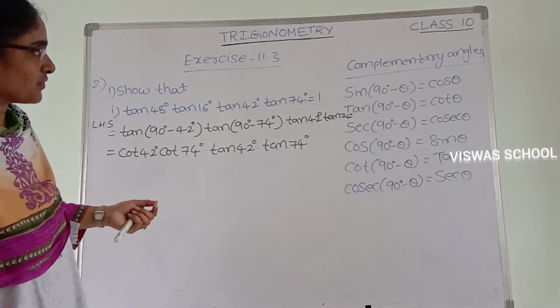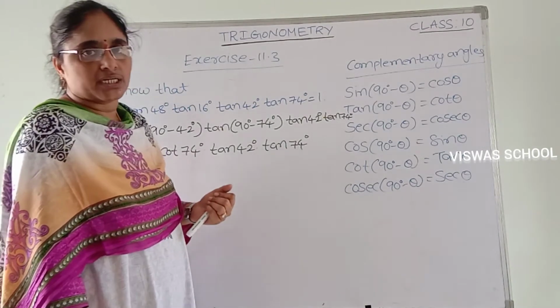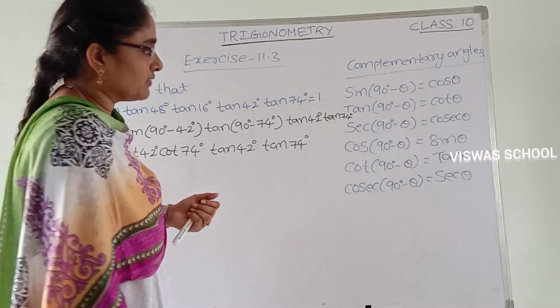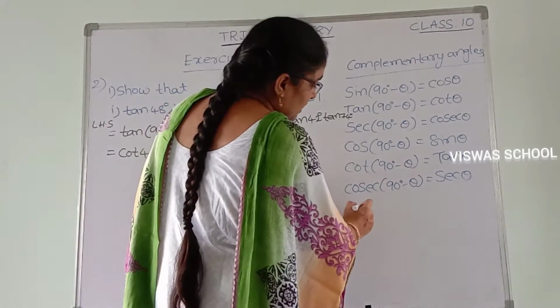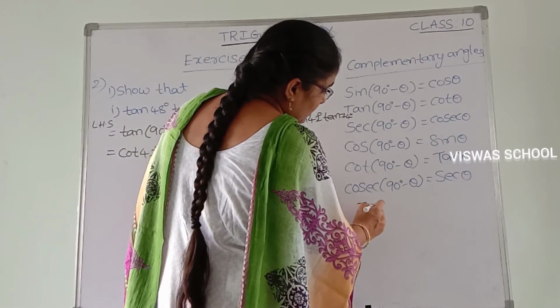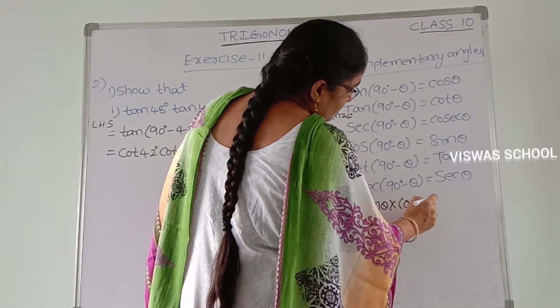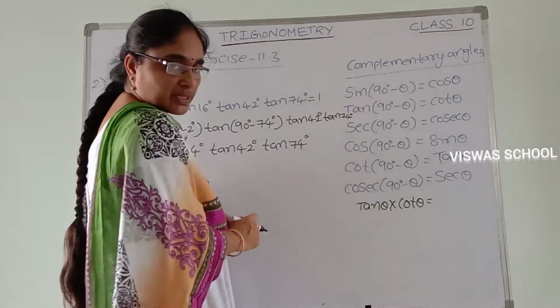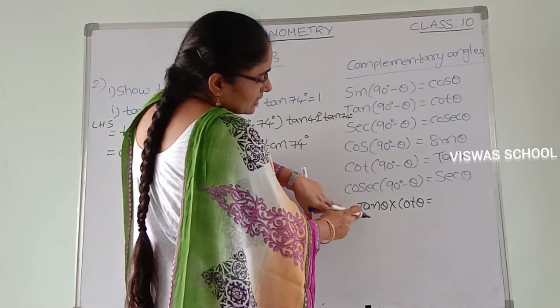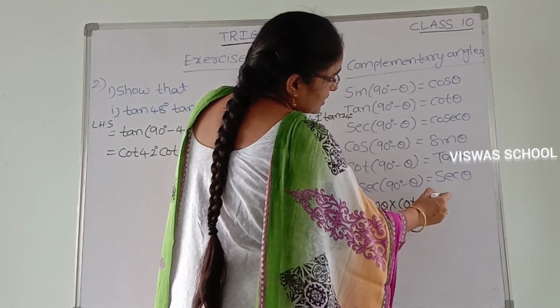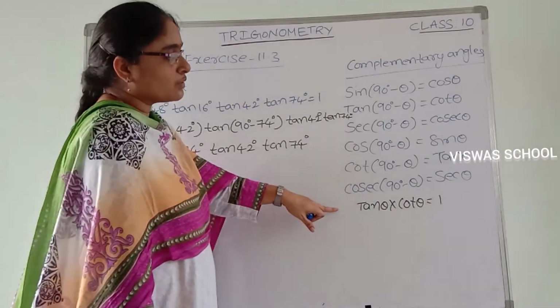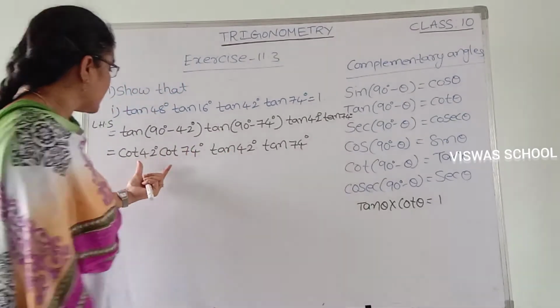I already said that tan and cot are complementary and also multiplicative inverses. Tan theta into cot theta is equal to 1.